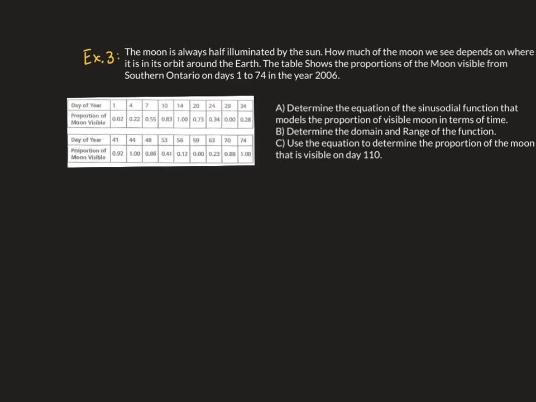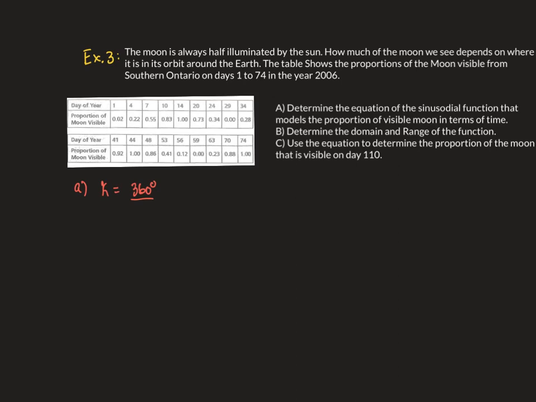So let's do that. Remember, first step always is to find your k. You know k is always going to be 360 degrees divided by your period. Now, how would I find my period? Well, you pretty much already see that the period goes by 29.